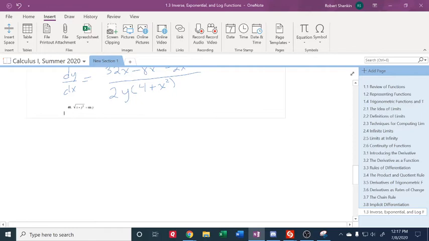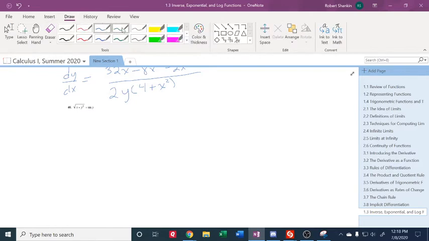Alright, so I'm going to rewrite this as, let me get a different color here. Now there's absolutely no way I could solve for y. One of the y's is inside a sine, the other is inside this complicated expression.